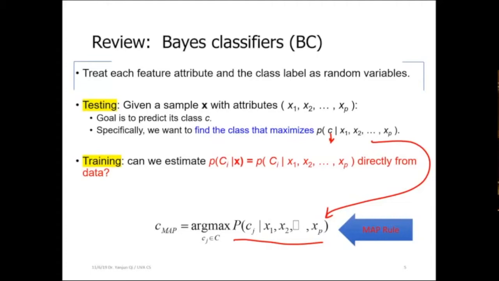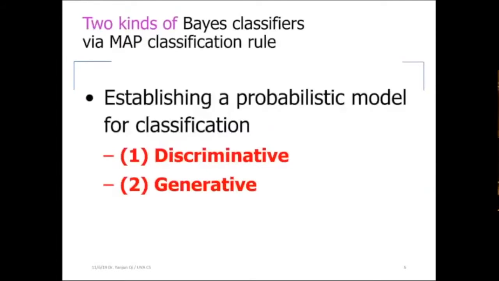What do you even mean by estimating this from data? The variations of Bayes classifiers are about what probability distribution, what probability model, you're using to represent this.